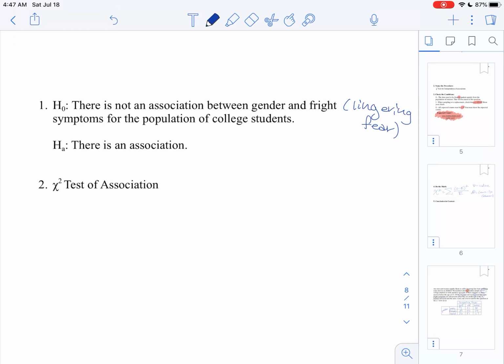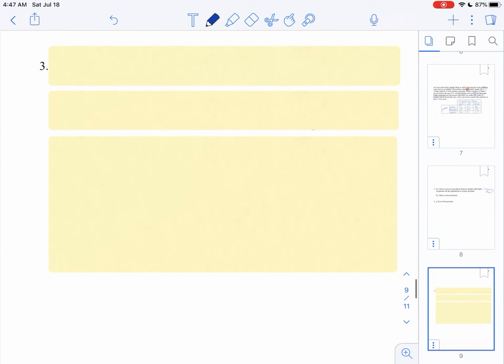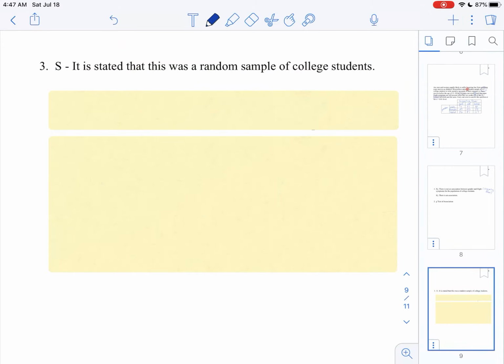Okay. So then our step 3, obviously we have to check our conditions. And so we're going to see SIE if the conditions check. So our S check, it was stated that this was a random sample of college students. So we're good to go on that one.